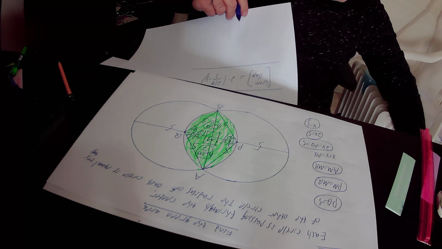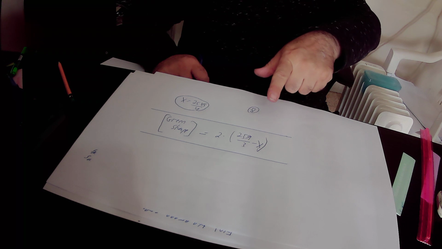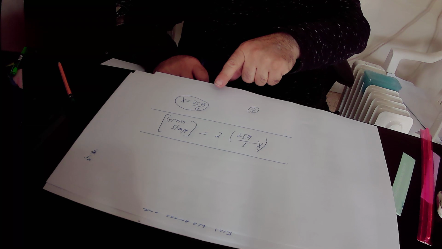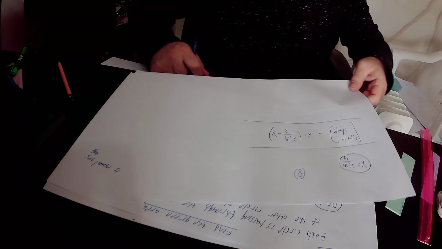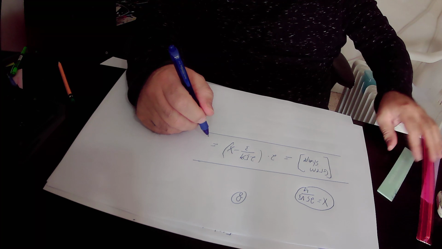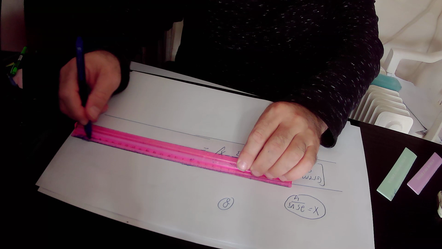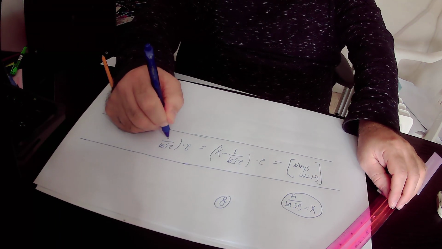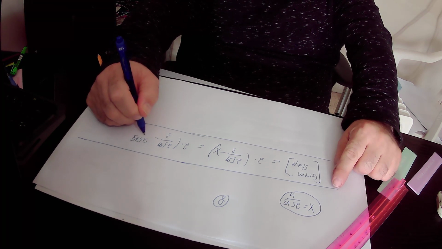We have already found out that the area of the green shape equals 2 times 25 pi over 3 minus x, and we just found out that x equals 25 times square root of 3 over 4, so I write it down. We substitute x by 25 times square root of 3 over 4, so it will be equal to 2 times 25 pi over 3 minus x, and x is 25 times square root of 3 over 4.